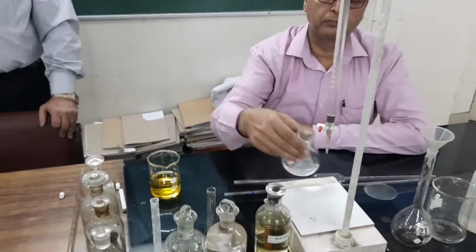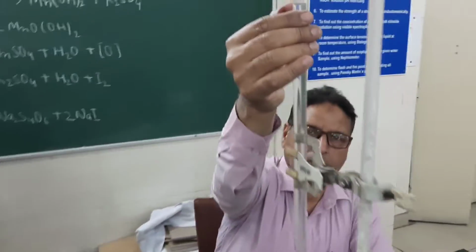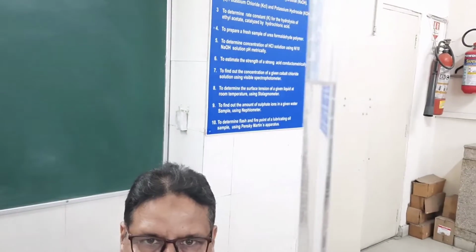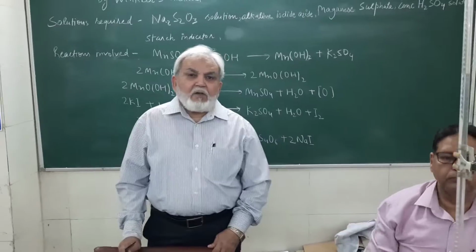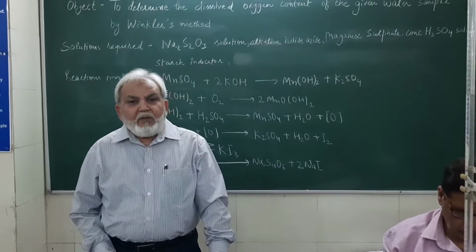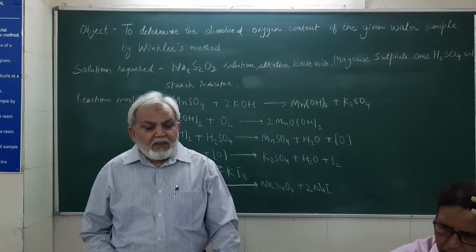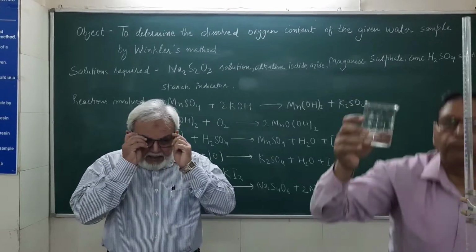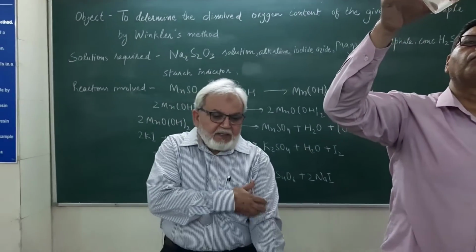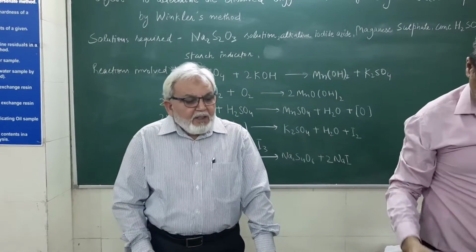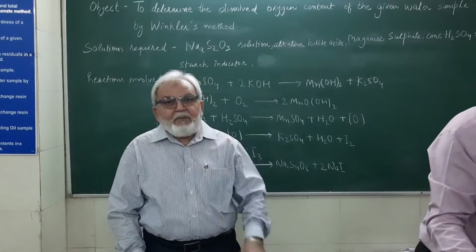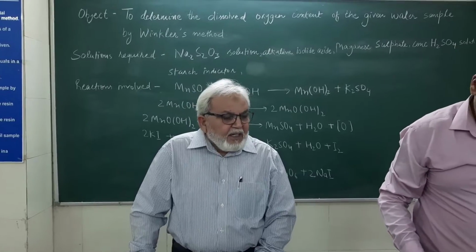Note down the volume of sodium thiosulfate consumed and repeat the same titration to obtain a concordant volume of sodium thiosulfate consumed. Now the second step of this experiment is to take the water sample in which we have to determine the dissolved oxygen contents.